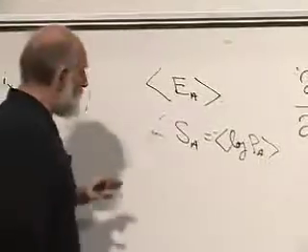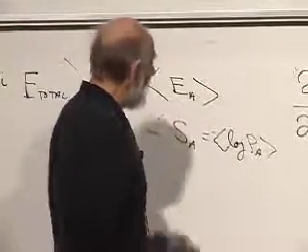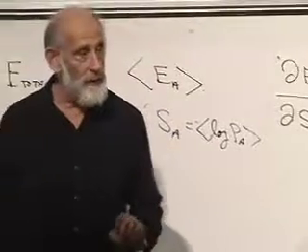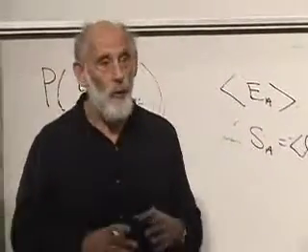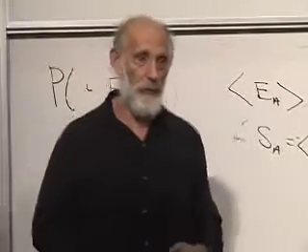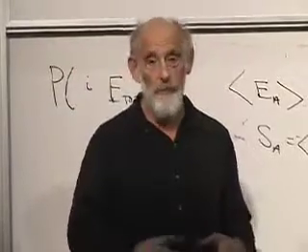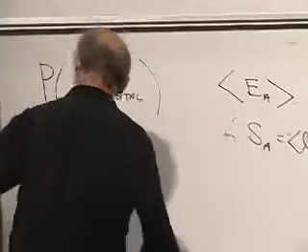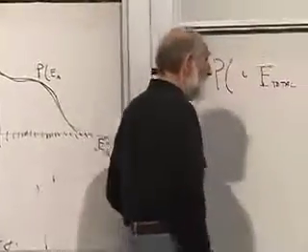And how much must you change EA in order to change the entropy by 1 bit? In other words, to hide 1 more bit of information, to increase your ignorance by 1 bit of information. How much energy do you have to put into A?